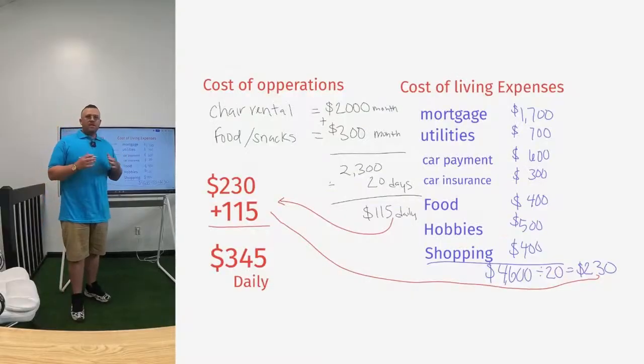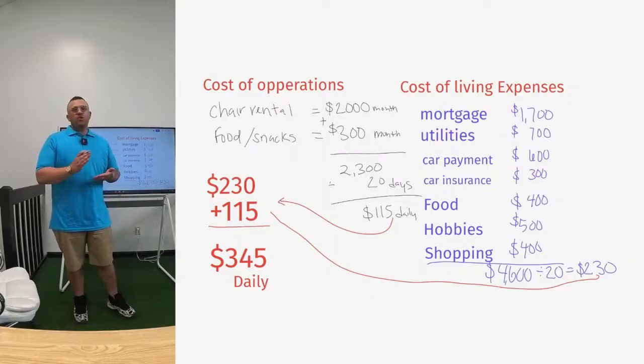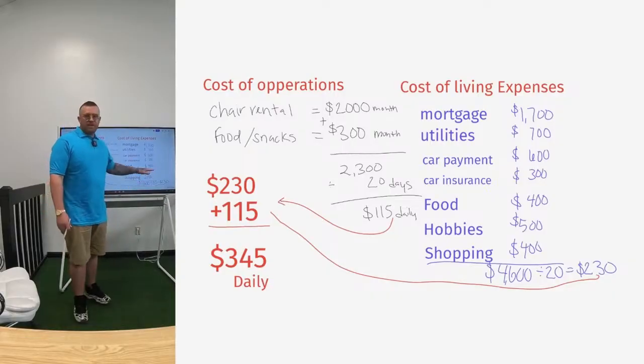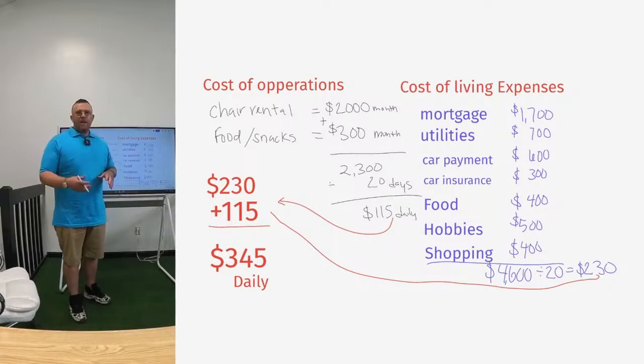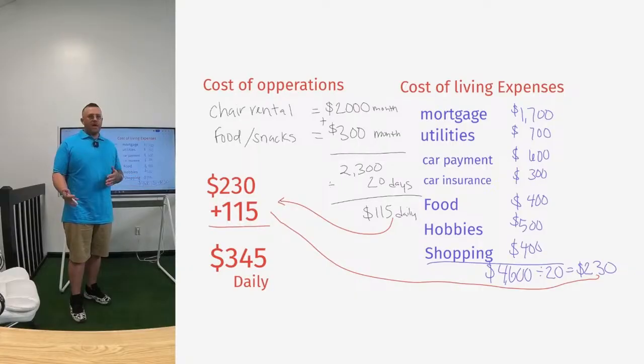I've worked with over 100 stylists at this point, and these have to be the most tracked expenses. You're gonna know these numbers, but they'll vary based on your hobby spending, your shopping spending, kids if you have them, whatever those fluctuating metrics may be. But for the most part, our bills are our bills and we have to pay our bills.